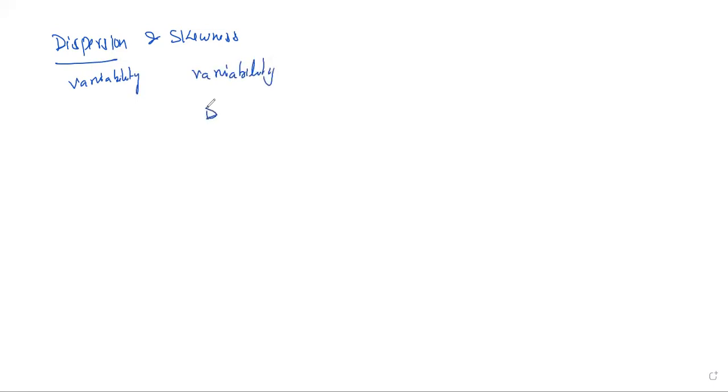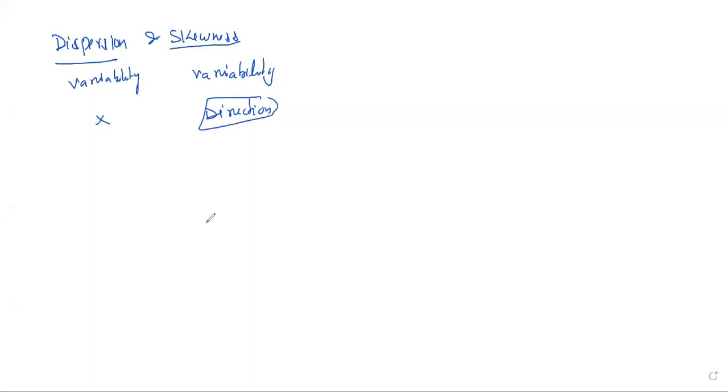But this is checking direction too, and this does not check direction. So this is the basic difference between these two. Skewness is checking direction while dispersion is not. Skewness uses dispersion, but dispersion does not use skewness.